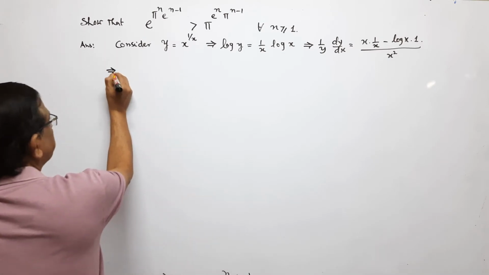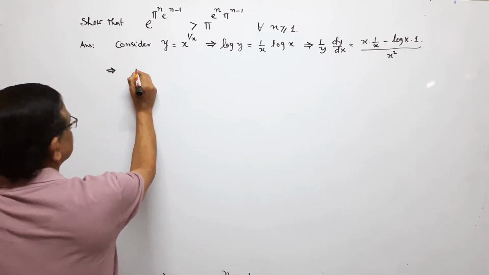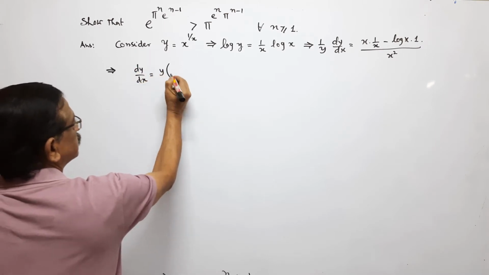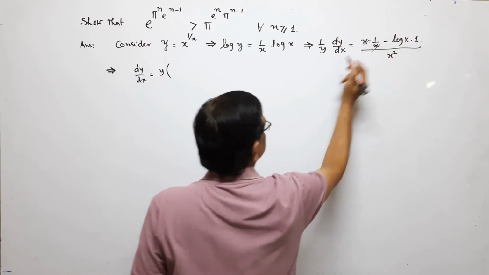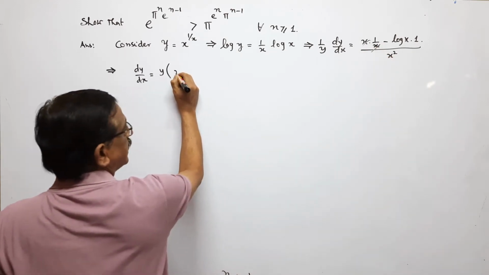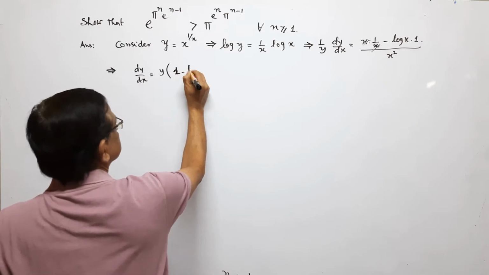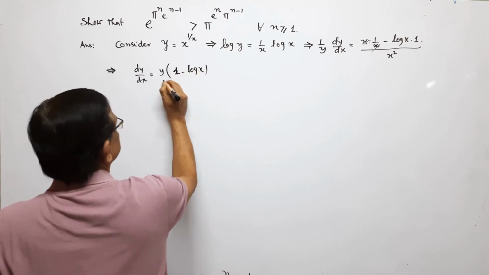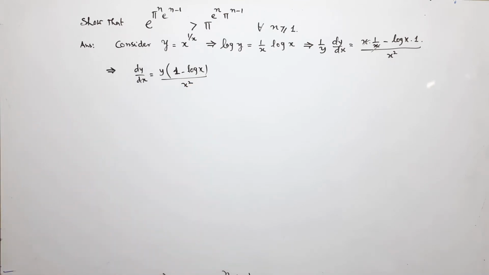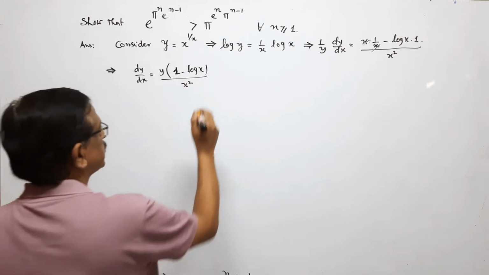So what is that inequality? Let us see. So dy by dx is equal to y into, now I can cancel this x and x, so I'll get (1 minus log x) by x square. Equate it to 0.